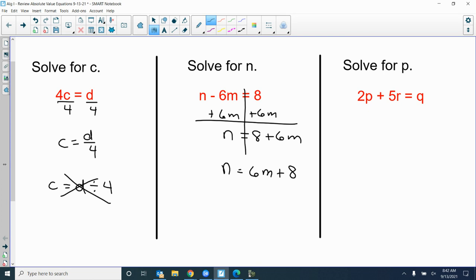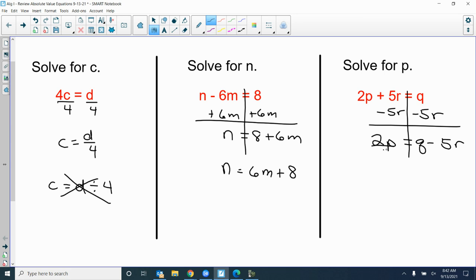So, Ryan, what do you think we do for this third one? You subtract 5R on both sides. Okay, you subtract 5R. Now, these are all variables. You got a Q, you got an R, you don't have just a constant. So tell me what to write, Ryan. 2P equals Q minus 5R. Agree with that? And now what do I still need to do? Divide by 2 on all 3.